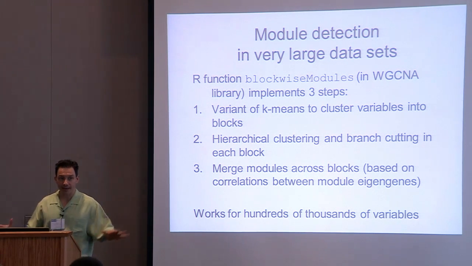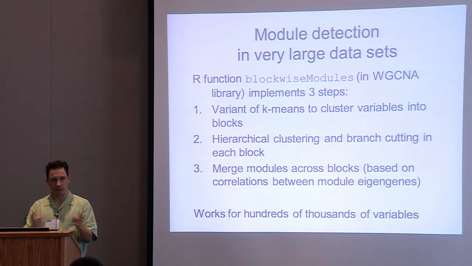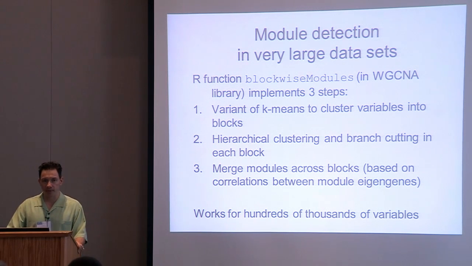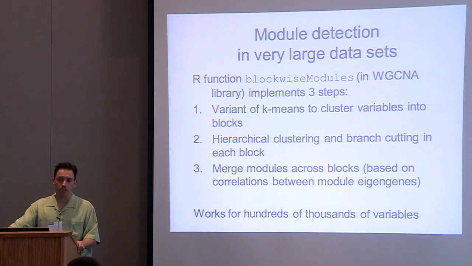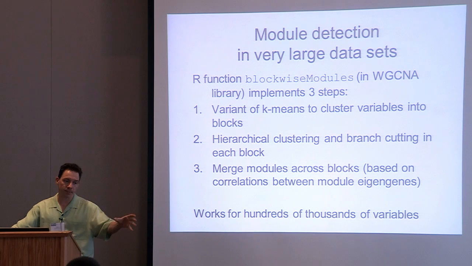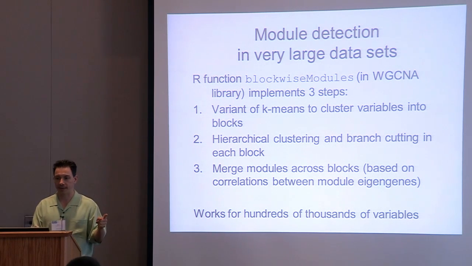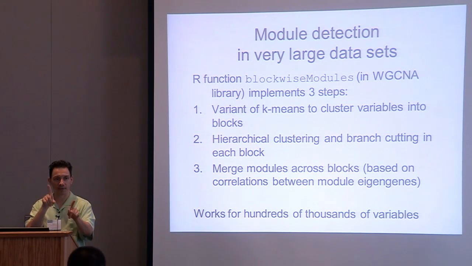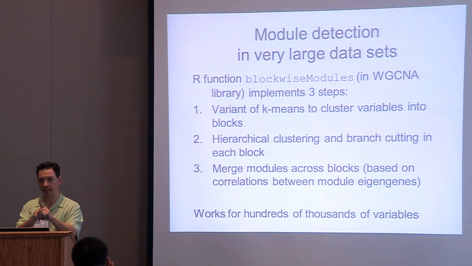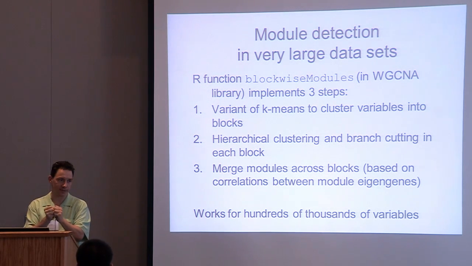Now, it's critical to compare the modules from different blocks, right? Because it could be that the blue module in the first block is highly related to the green module in the second block. How do we know whether they are related? Well, we correlate the eigengenes. If the eigengenes are highly correlated, we merge these two modules.